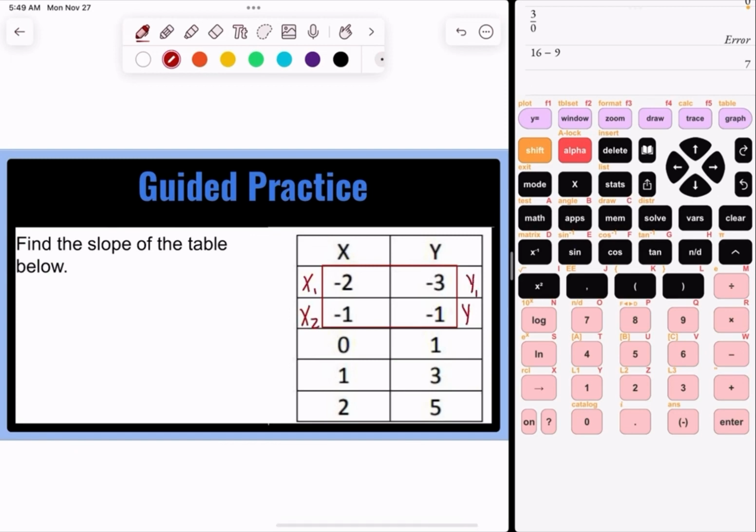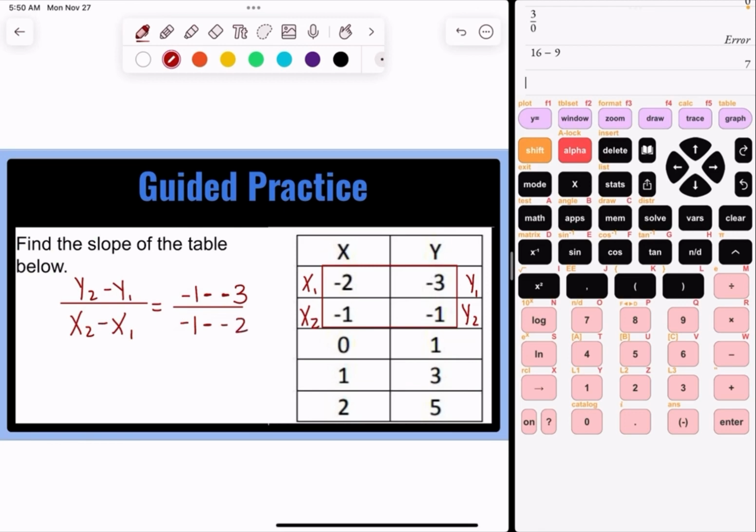This is our second y. So we have y2 minus y1 over x2 minus x1. So y2 is -1 minus y1 is -3. x2 is -1 minus x1 is -2.